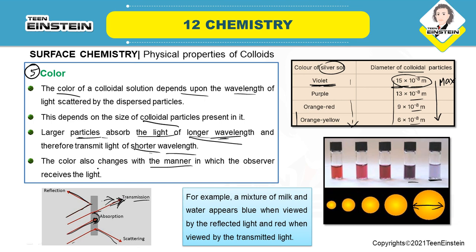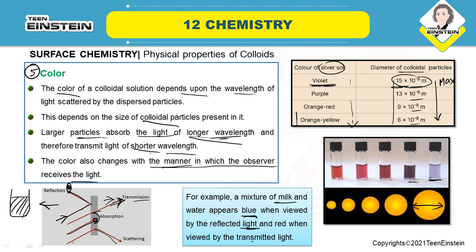So the color also changes with the manner in which the observer receives the light. Here we have an example. Suppose we have a mixture of milk and water. If we have a glass of milk and water mixture, and the light is coming from this direction, and you are viewing by the reflected light, so if the light direction is here, your eye position will be here. Looking at the milk water mixture, it will appear blue.